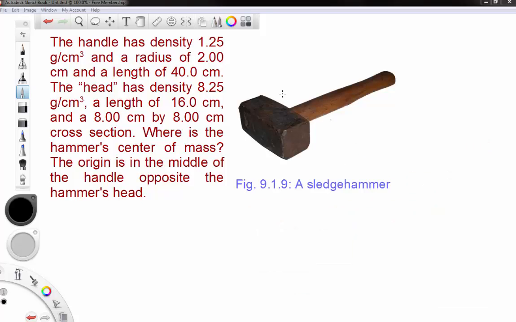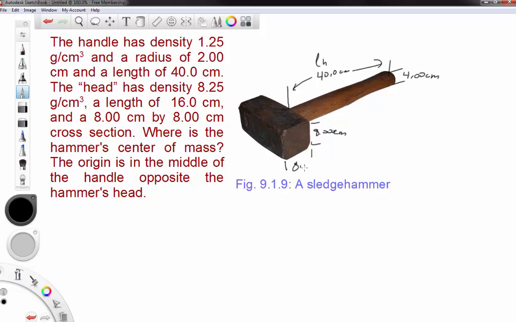What this basically means is that this length right here is 40.0 centimeters. I'm going to call this L sub h for length of handle. This right here is 4.00 centimeters because it is twice the radius. This side and this side are both given by 8.00 centimeters.